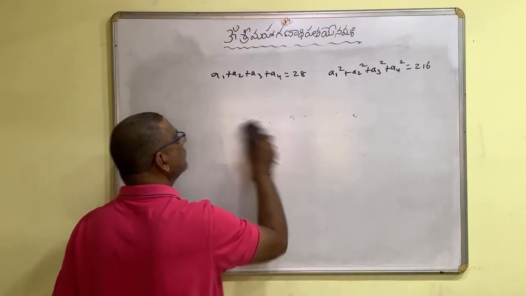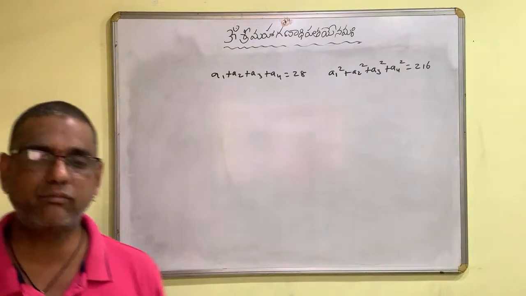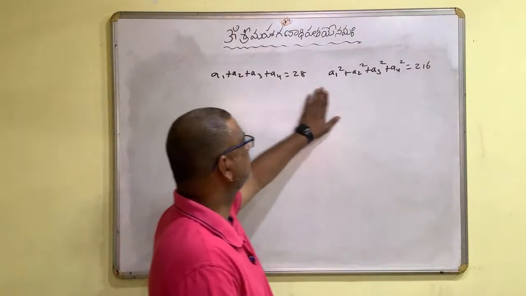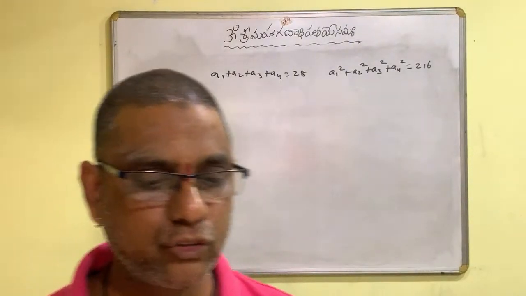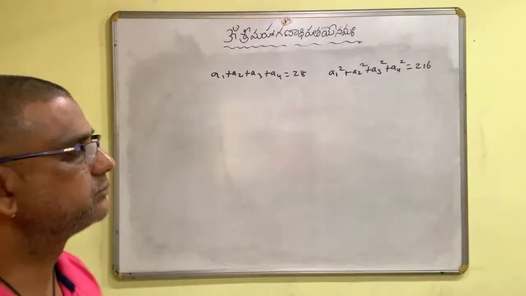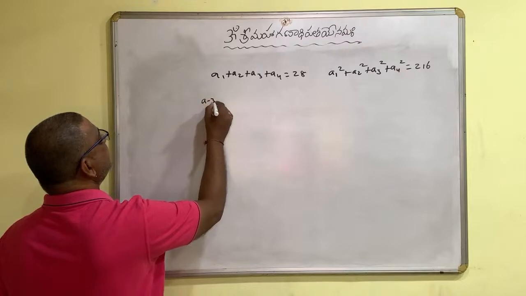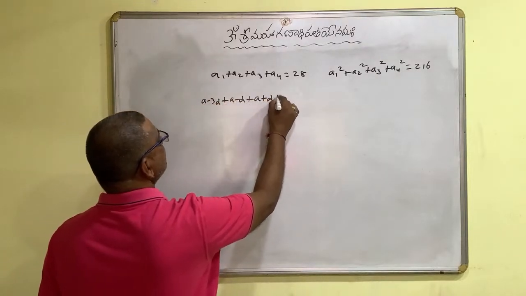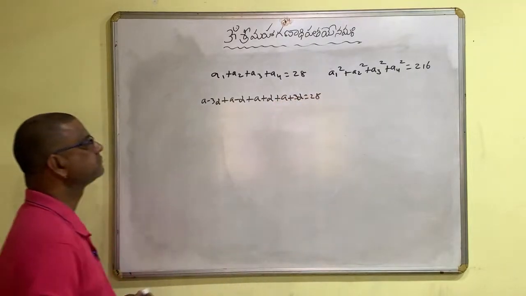So in the given problem, there are 4 terms which are in AP. Their sum is 28 and the sum of their squares is 216. We need to find out those numbers. As I told you before, consider a1 as a minus 3d, plus a minus d, plus a plus d, plus a plus 3d is equal to 28.